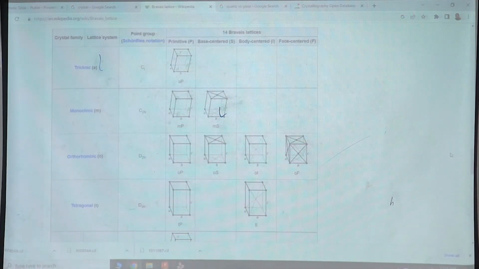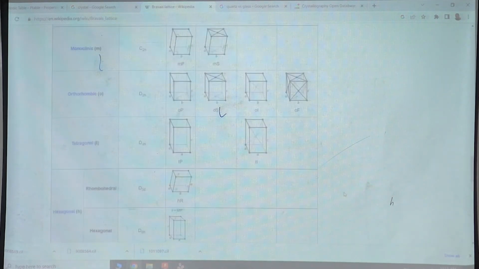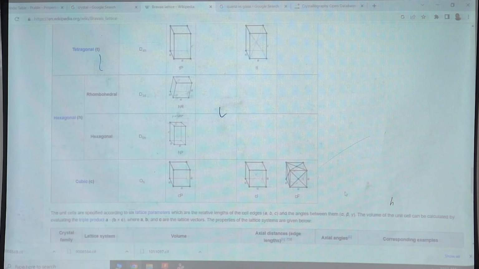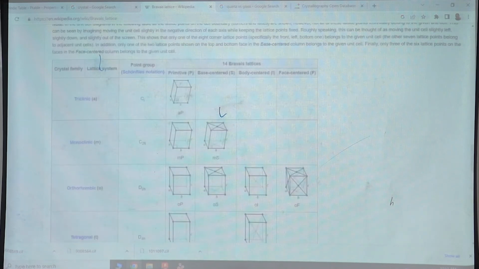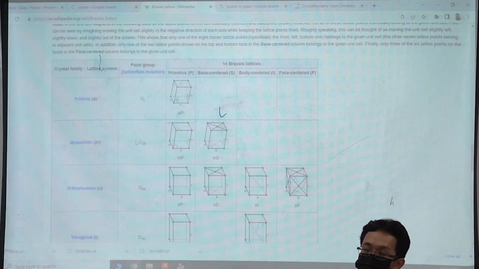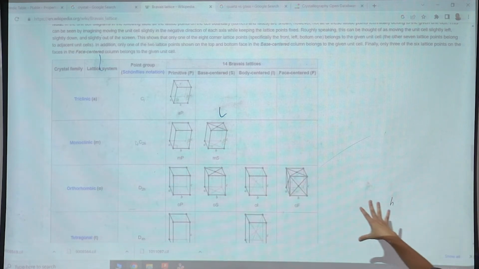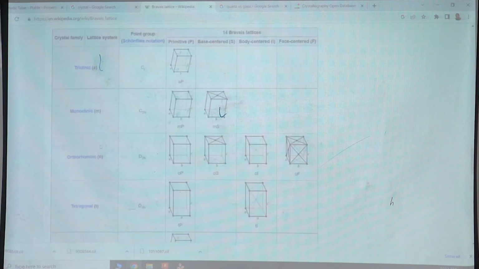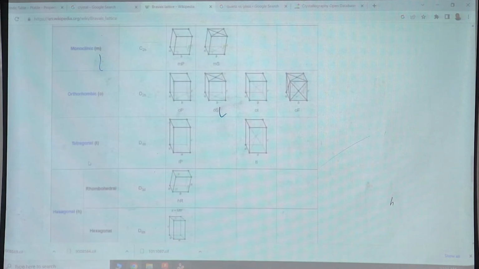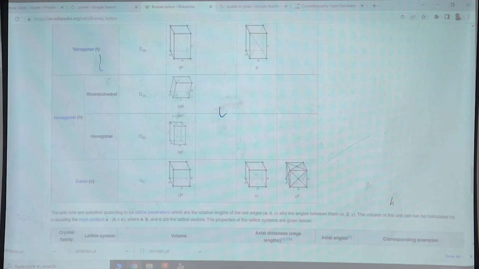You don't need to remember everything, but you need to know there are 7 types of shapes that you can use to fill all the 3D space without leaving any gap or overlap. Only these 7: triclinic, monoclinic, orthorhombic, trigonal, tetragonal, hexagonal, and cubic, with rhombohedral and hexagonal.